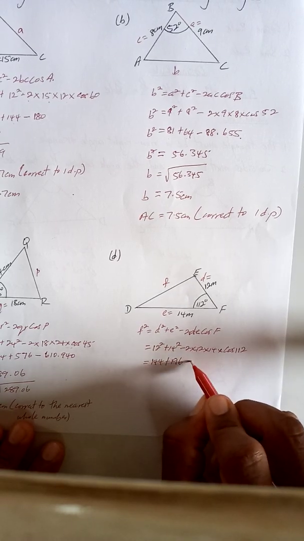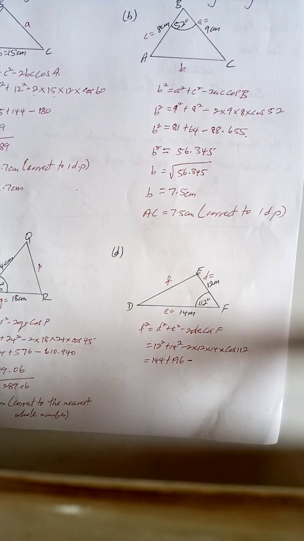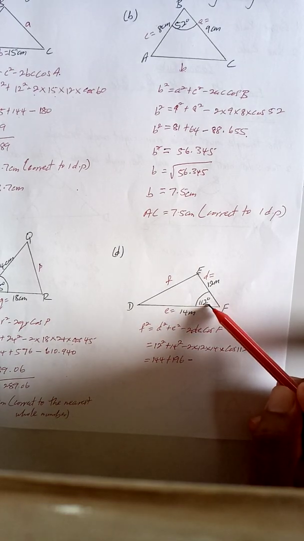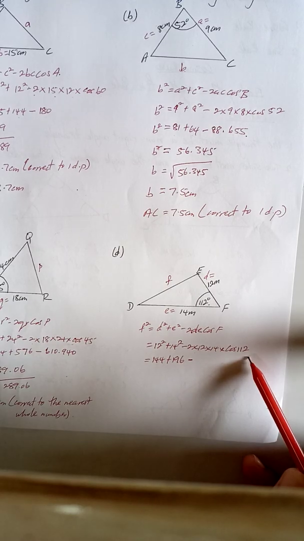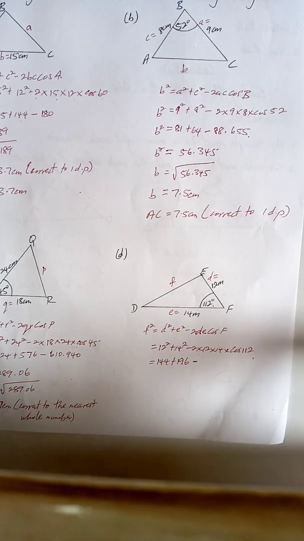Whenever your angle is greater than 90 degrees, when you multiply here, you'll get a negative answer.